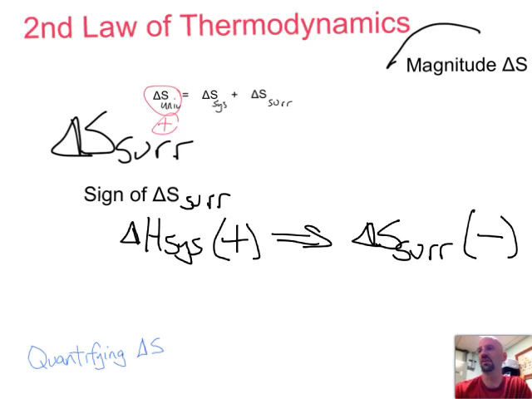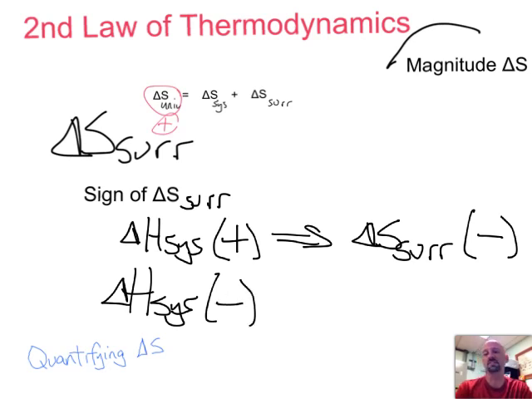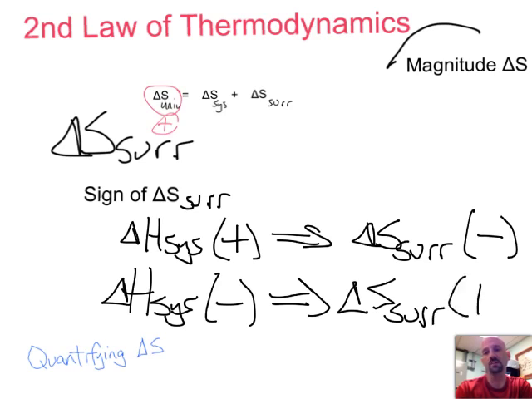Conversely, if we have an exothermic reaction, so the delta H of the system is negative, heat's leaving the system and going into the surroundings, that tells us we're adding energy to the surroundings, so the delta S of the surroundings is going to have to be positive.